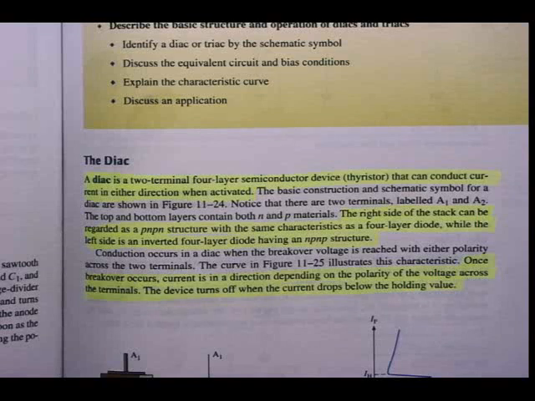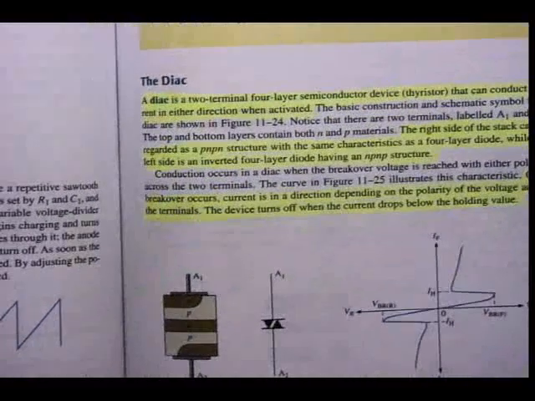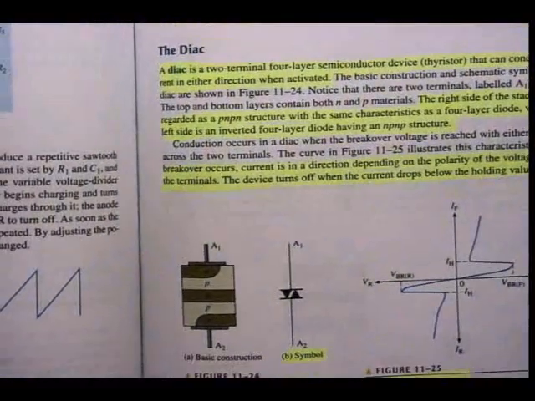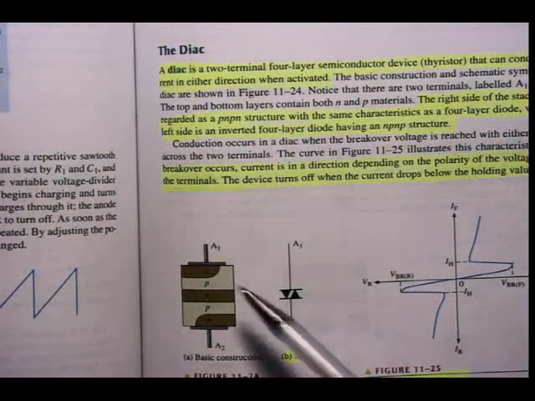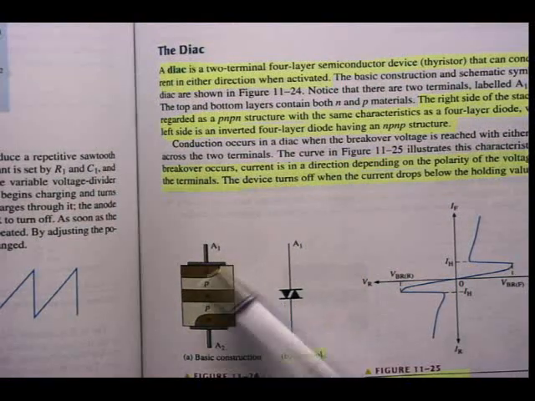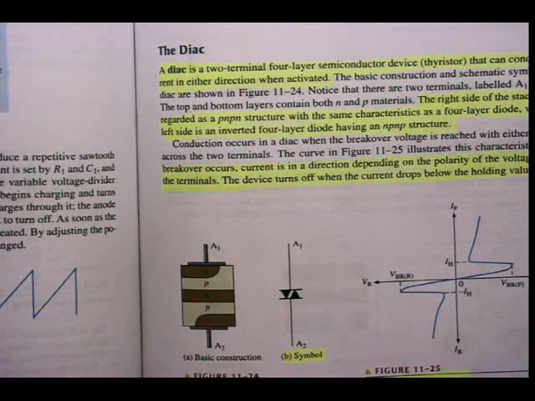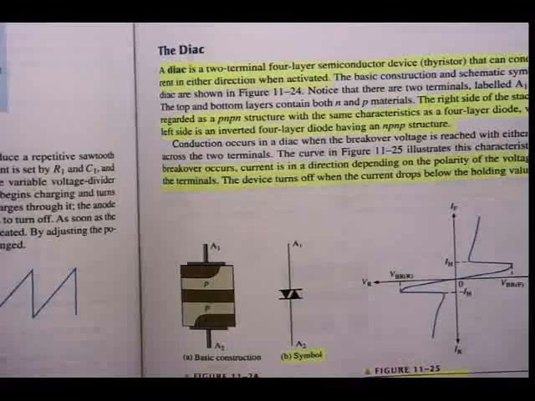The right side of the stack can be regarded as a PNPN structure with the same characteristics as a 4-layer diode, as we've mentioned, while the left side is an inverted 4-layer diode having an NPNP structure. The right side of the stack is this side, and that one is the inverted side. All right, two 4-layer diodes conducting in both directions.